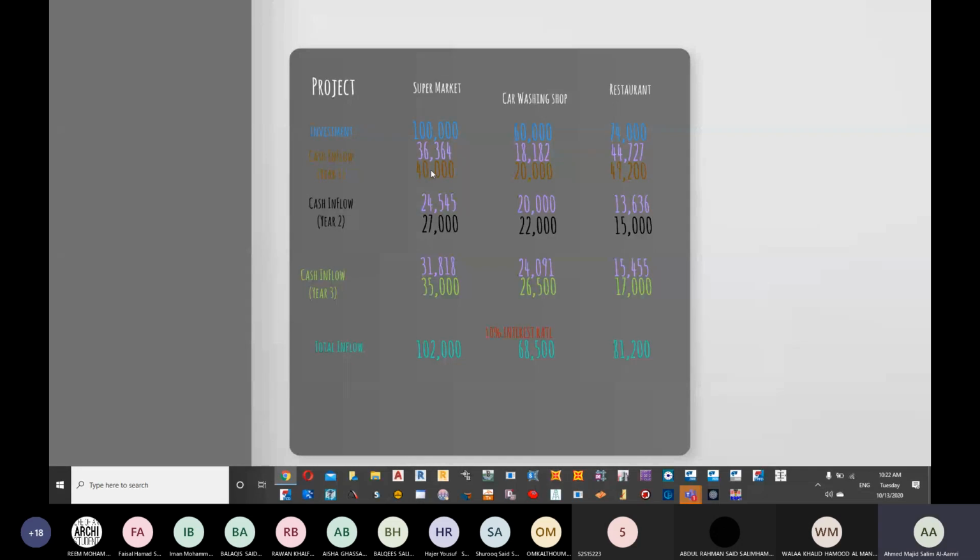Once again, if I invest 36,364 today with a 10% interest rate, after 1 year it will become 40,000. Are we okay?